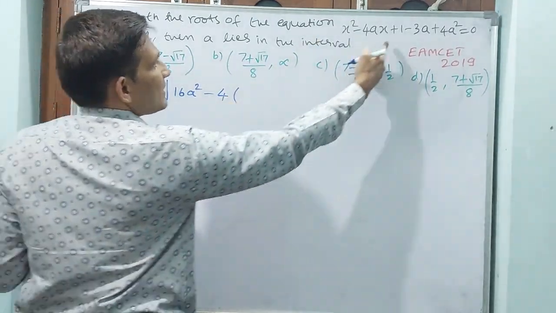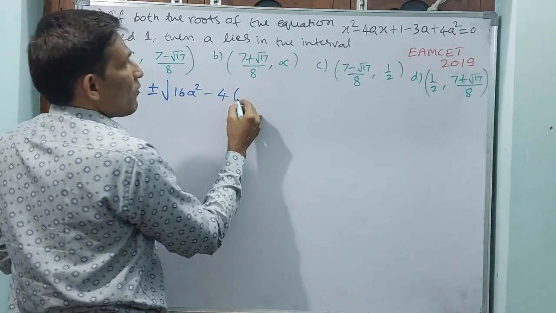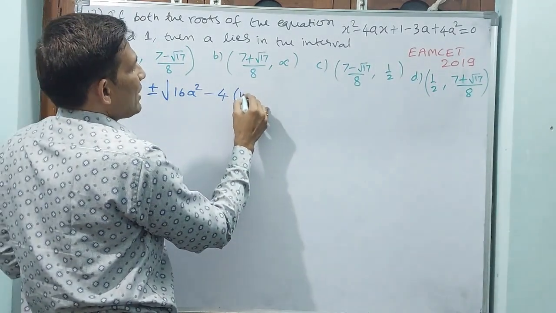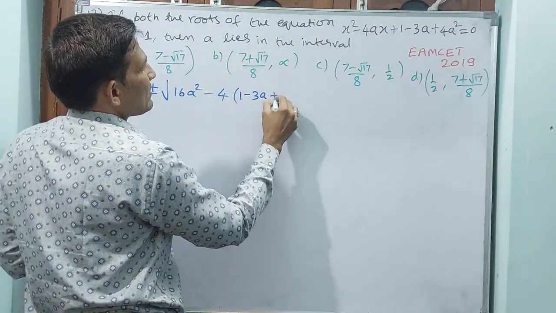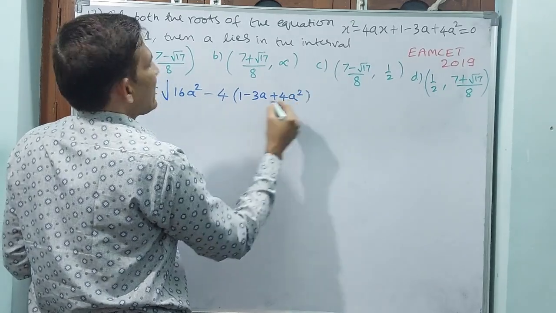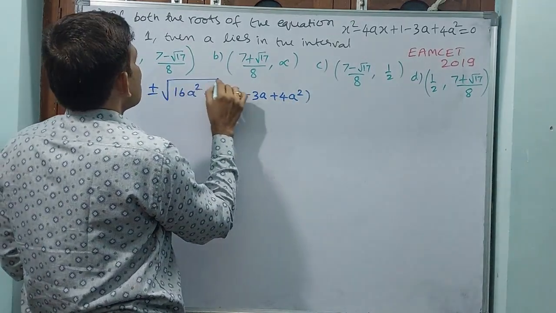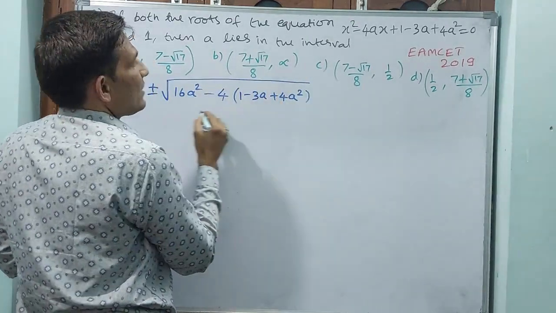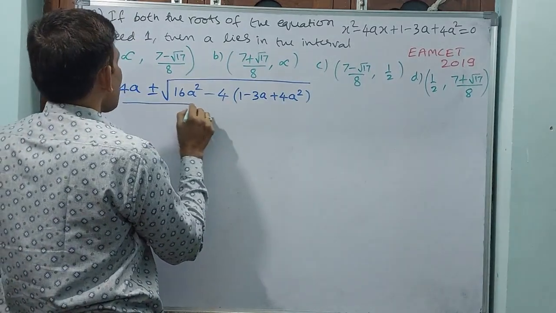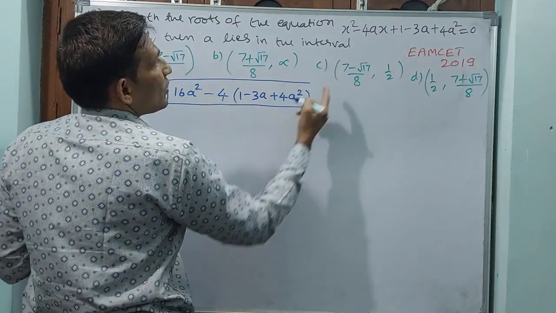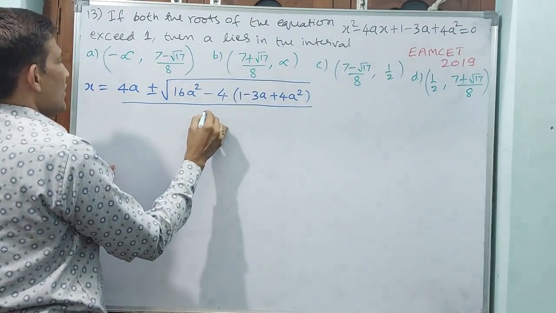Then c: 1 minus 3a plus 4a square, by 2a.